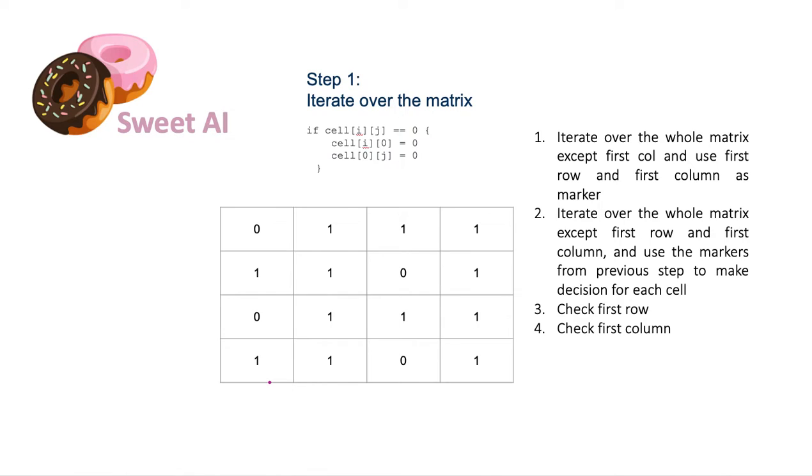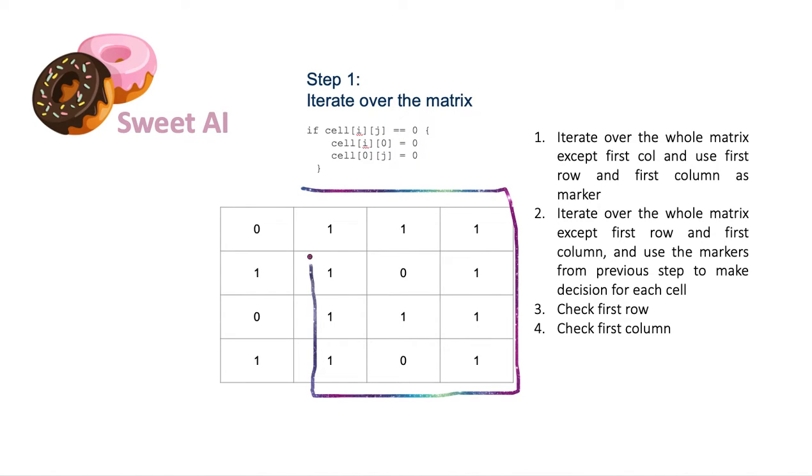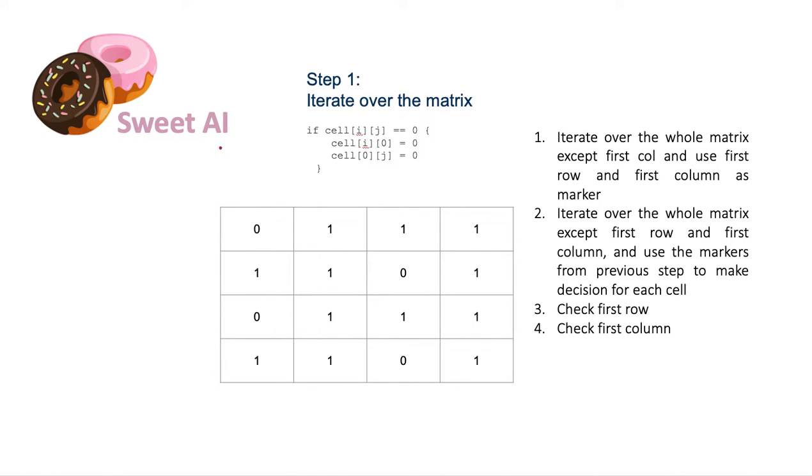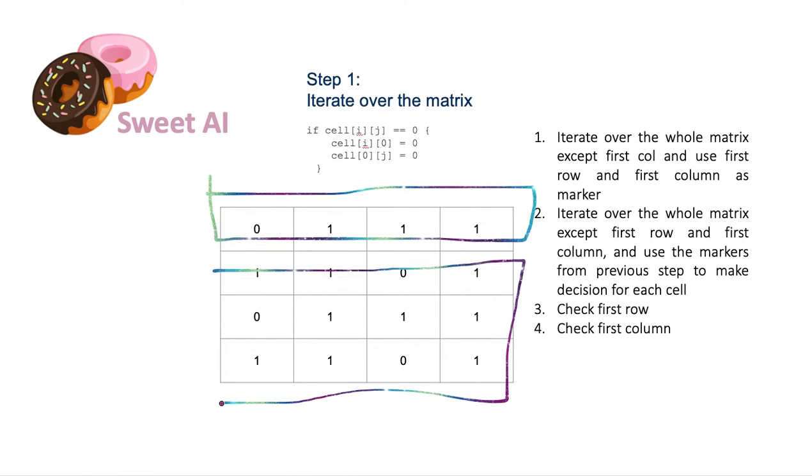But there is one thing that we need to know here. We are going to iterate over the matrix, but we skip iterating over the first column. We can do it another way too: we can skip the first row and iterate over the rest of the matrix.